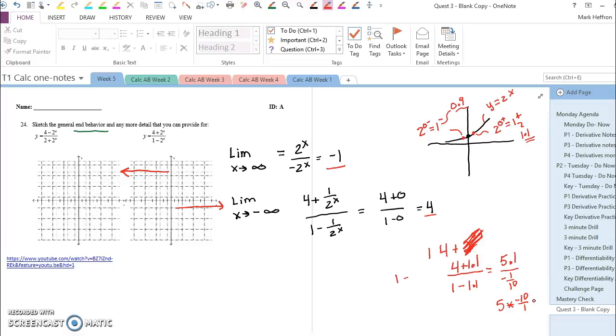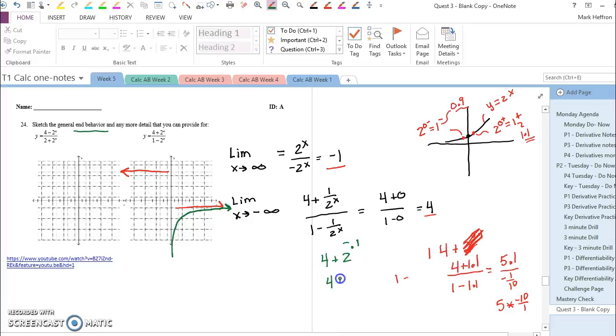So we're looking at something toward -infinity. So we're coming in from our asymptote and approaching that horizontal asymptote. It turns out when we look on the other side, 4 plus 2 to the very small, like -0.1.